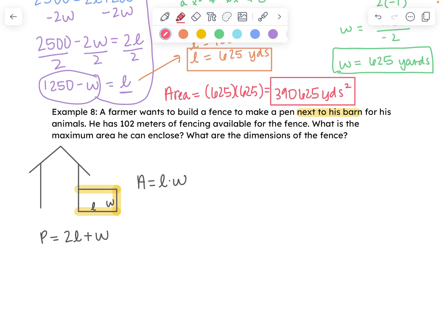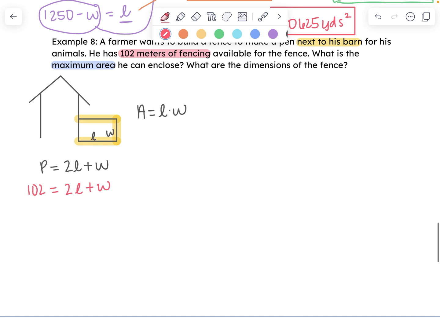This one says he has 102 meters of fencing available, and we're still trying to find the maximum area. So let's break it down. I'm going to have 102 is equal to 2L plus W. I want to solve this one for W because it doesn't have a coefficient in front of it. So I'm going to subtract my 2L from both sides: 102 minus 2L is equal to W.